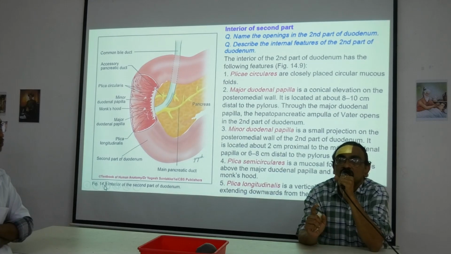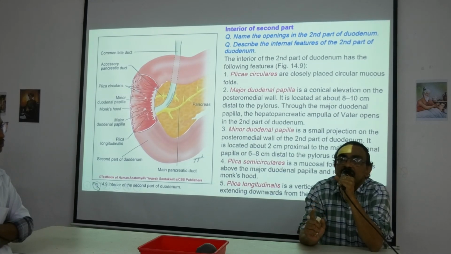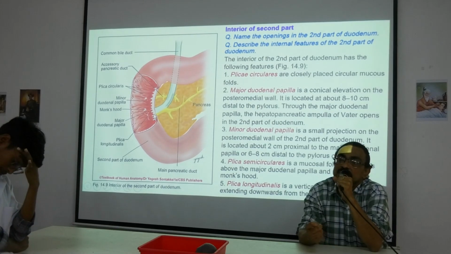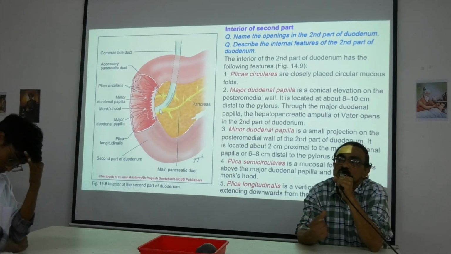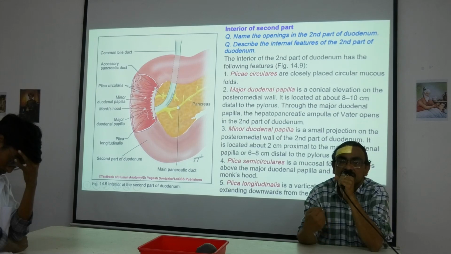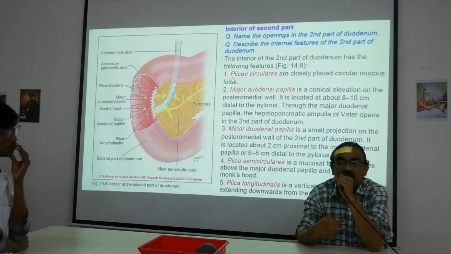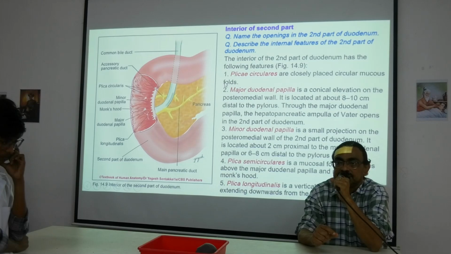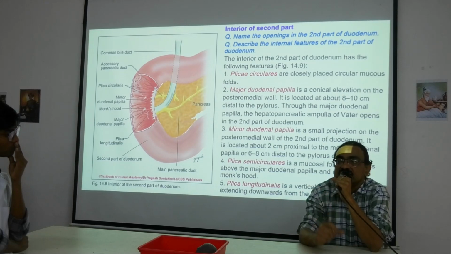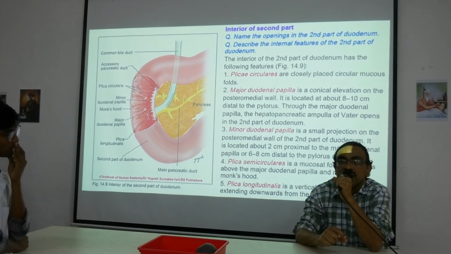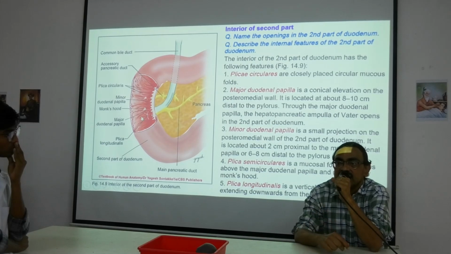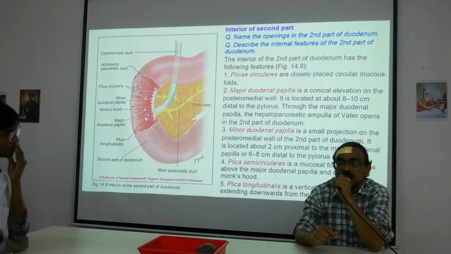Now, the main pancreatic duct is contributed by these two diverticula, that means the dorsal pancreatic diverticulum and the ventral pancreatic diverticulum. And there is a connection between these two diverticula, that means the connecting channel between these two diverticula.